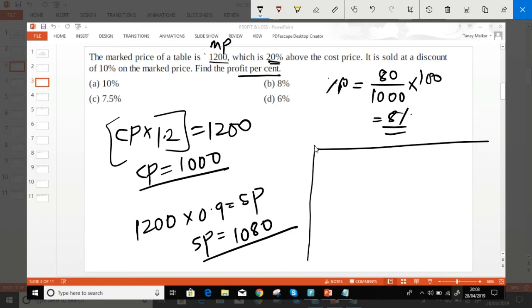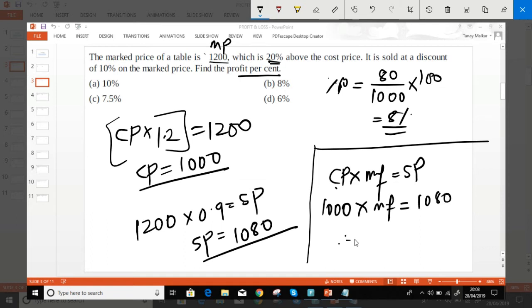So again we have to use that concept, that cost price multiplied by the multiplying factor is equal to my selling price. Now cost price is 1000 multiplied by the multiplying factor is equal to selling price 1080. Therefore the multiplying factor that I will get is 1.08. Now I want to again convert that to percentage.